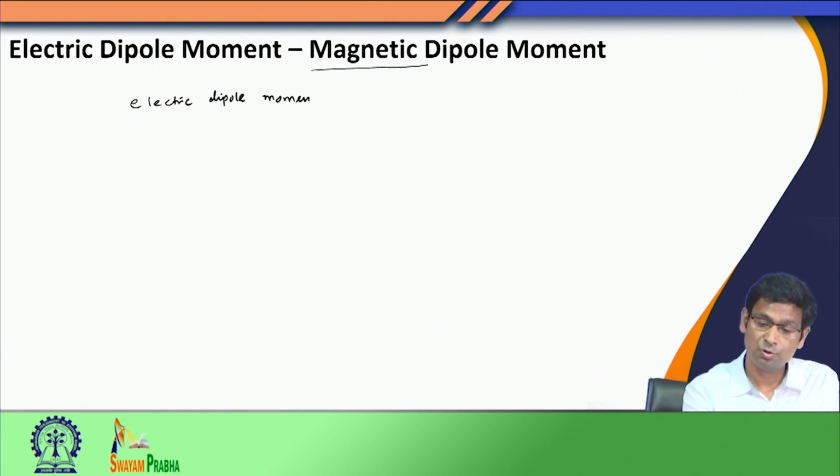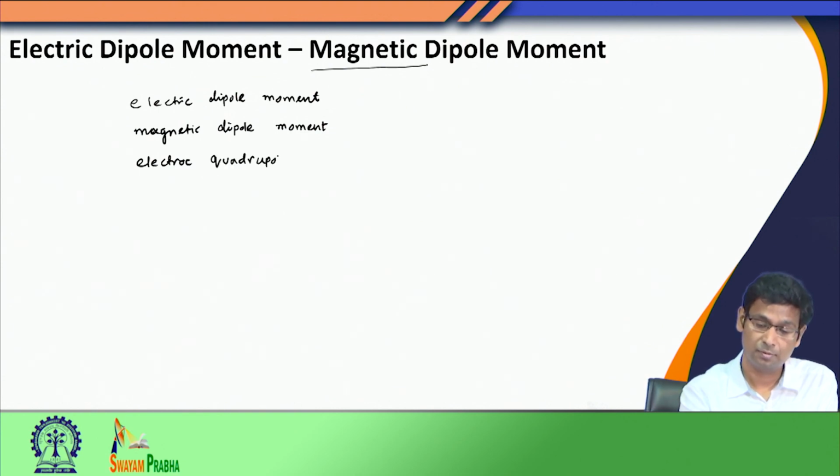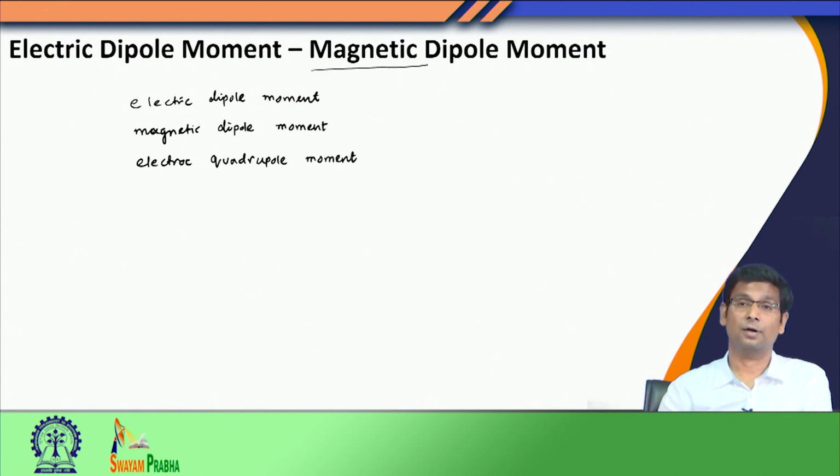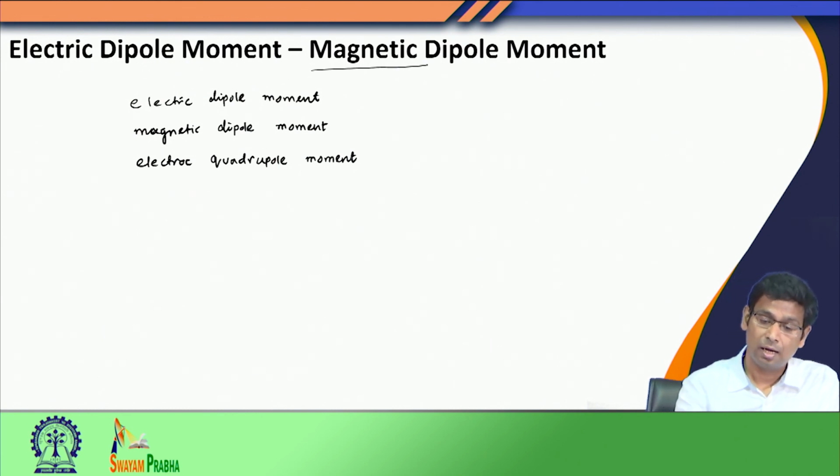We can also use, as I said, the magnetic dipole moment. Or in some cases, we also can use the electric quadrupole moment. These are different moments that can allow the transition to occur.